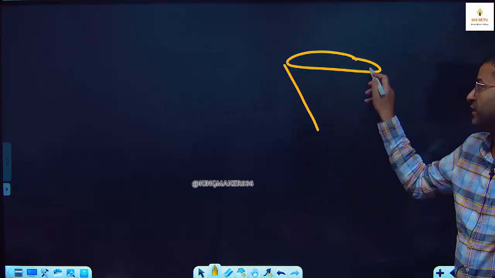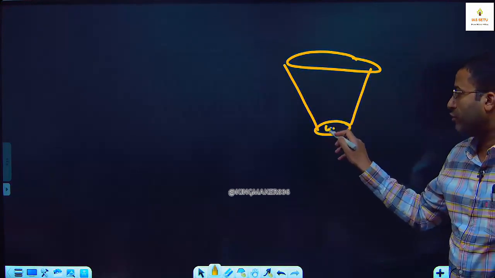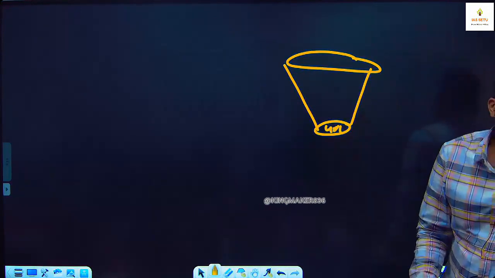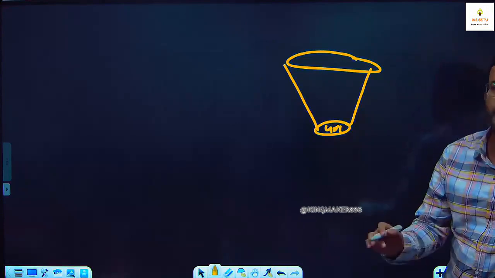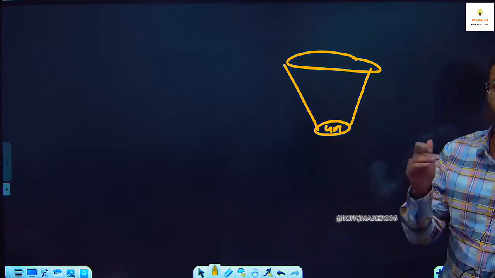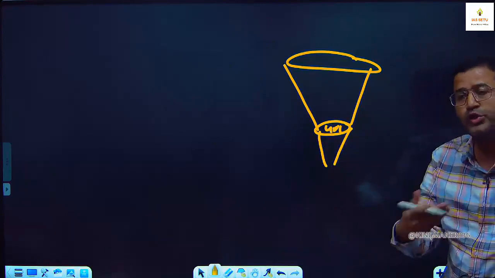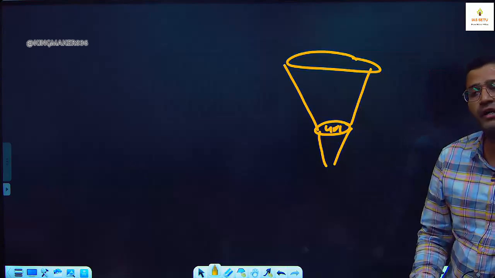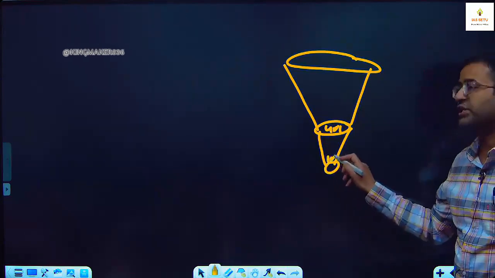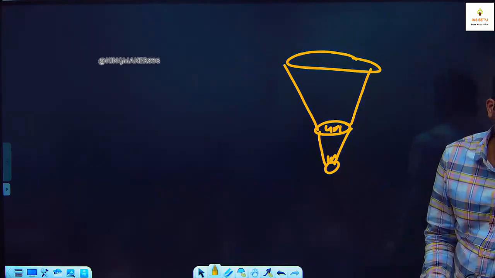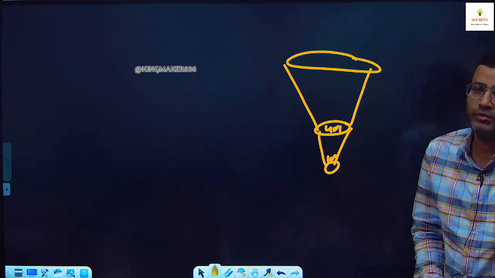So this is the funnel. Then you have to work on the 40%. Write, read loudly, again write, read 2-3 times, then again do the same process. Then you try to recall the values, you will find only 10% still not remembered. So if you do this exercise, you will be able to remember this table.